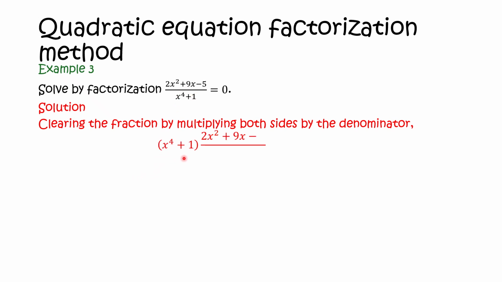We multiply both sides by that. And with that, we are going to have the denominator cancelling out on the left-hand side, whereas on the right-hand side, that all goes to 0. So that we have 2x squared plus 9x minus 5 is equal to 0 as the final thing we have.